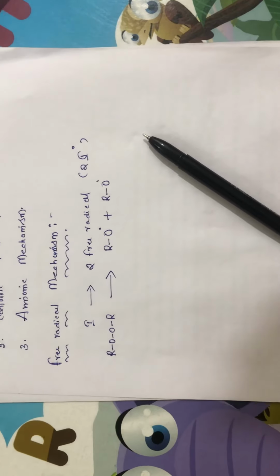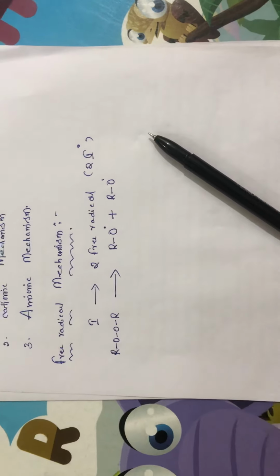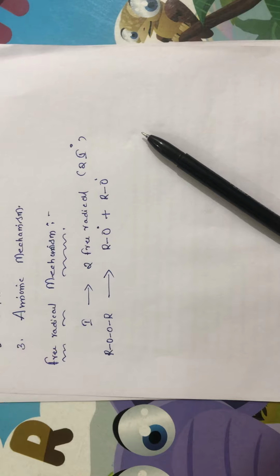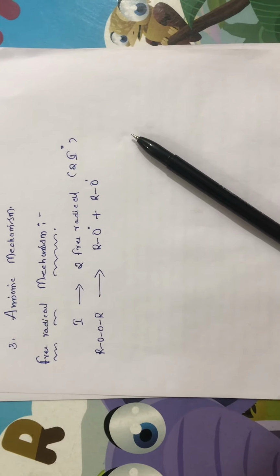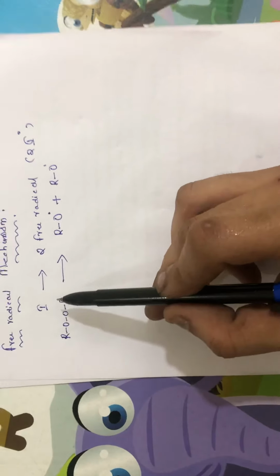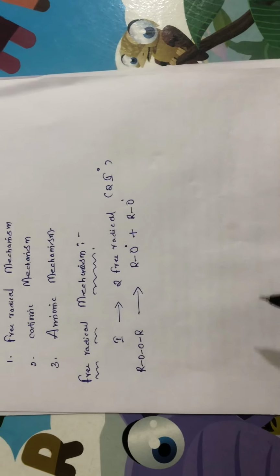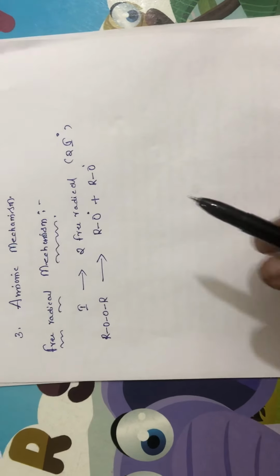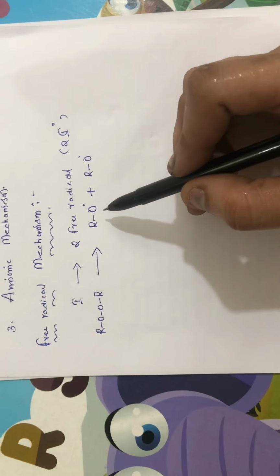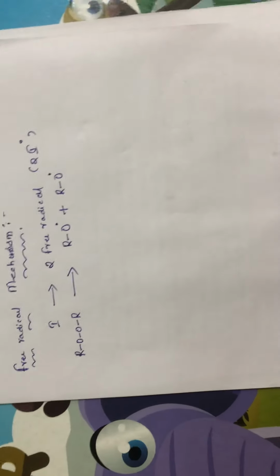So, dissociation of the initiator and propagation of the polymerization reaction by the free radical obtained from the dissociated initiator, right? In the first step, we have seen how the initiator is dissociated into free radicals. We have also taken an example, ROOR, that is dissociated into RO free radical and RO free radical, right?